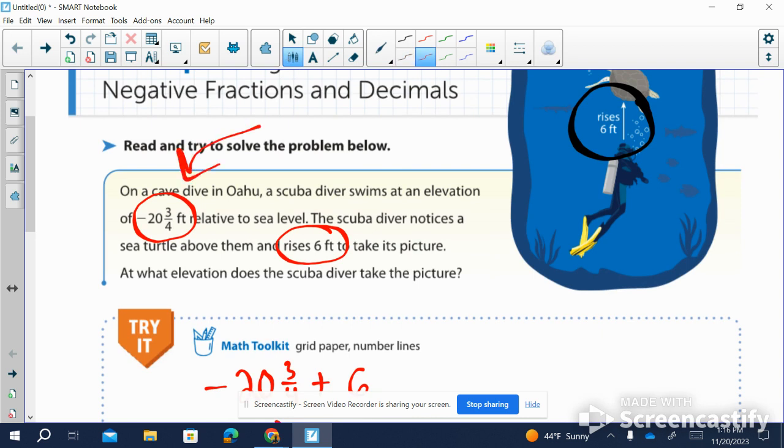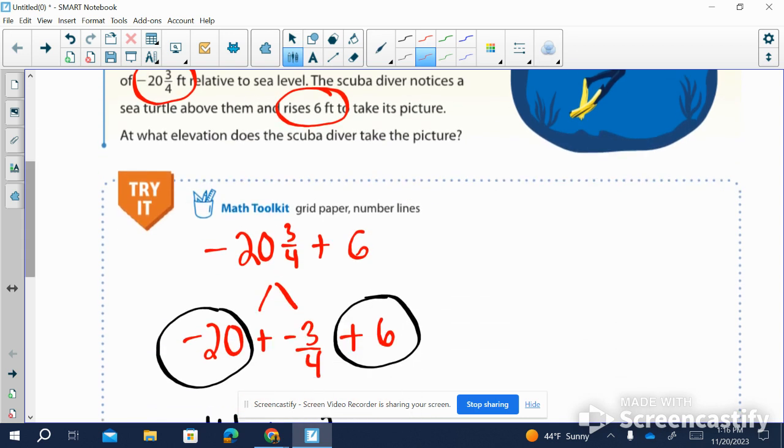Let's convert -20 and 3/4 into a decimal. Well, there is a whole 20, so that's a -20, and then the 3/4 create a decimal. 3/4 is 0.75, so it's -20.75. Then when it rises, so I'm increasing it by 6.